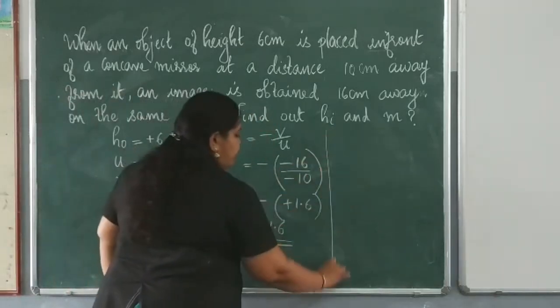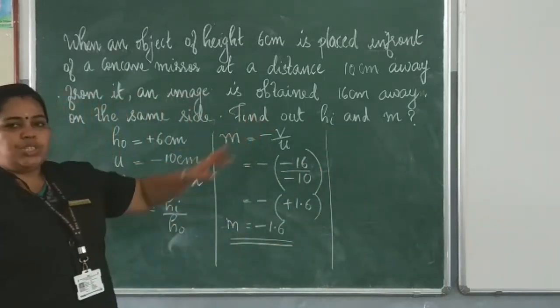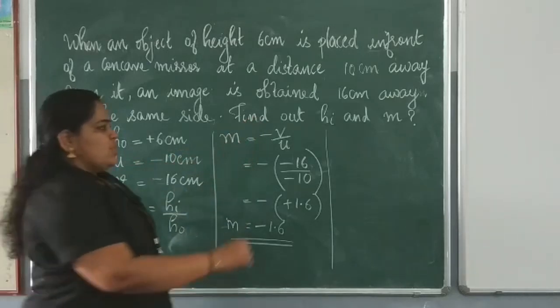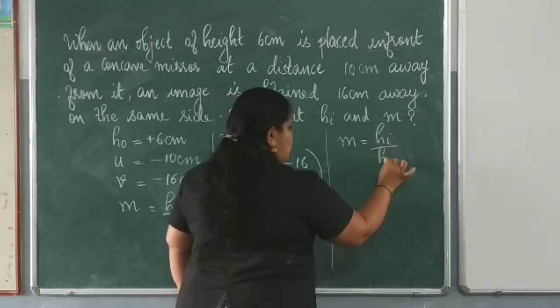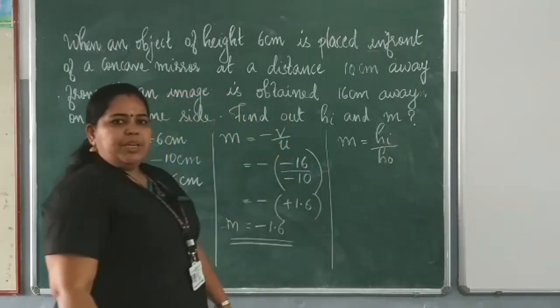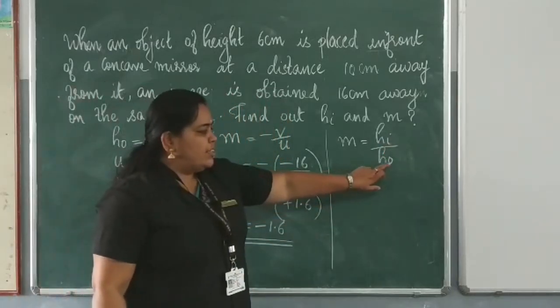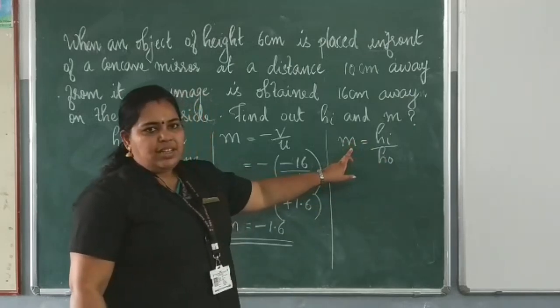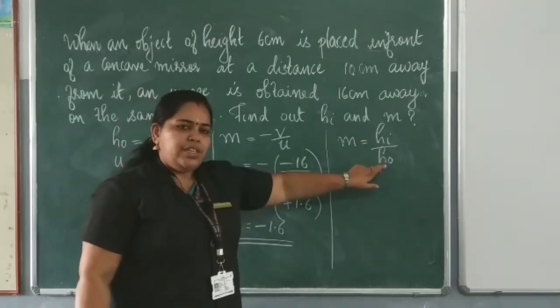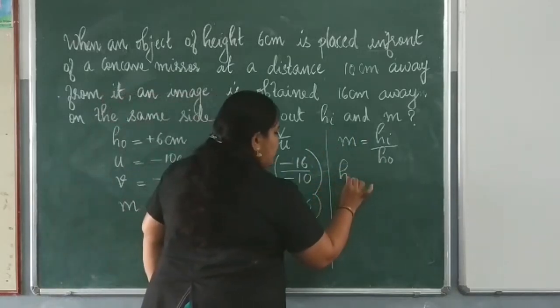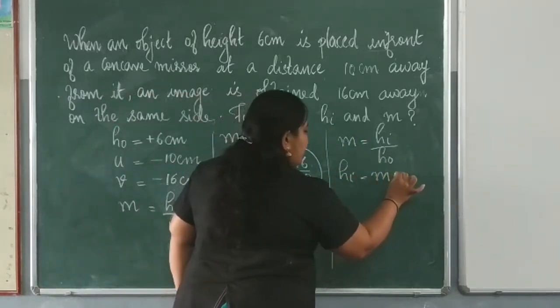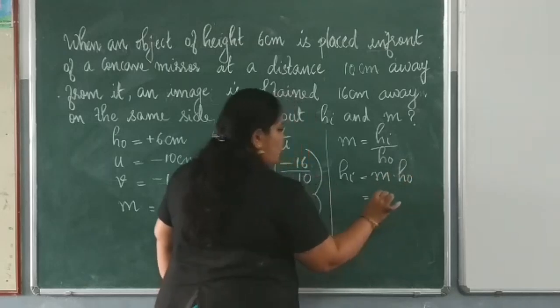Next is to find out h_i. So we know m is equal to h_i by h_o. So from this we can find h_i, isn't it? What should we do? Bring this h_o to this side. Here it is division; when it is brought to this side, it becomes multiplication. So h_i is equal to m into h_o.